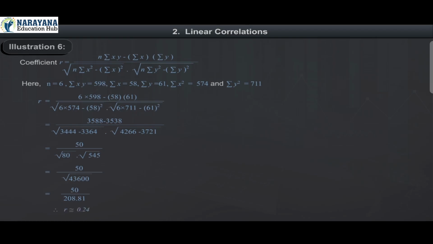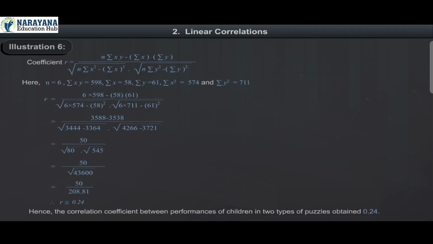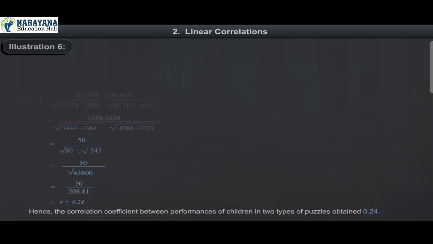Therefore, r is equal to 0.24. Hence, the correlation coefficient between performances of children in two types of puzzles is 0.24.